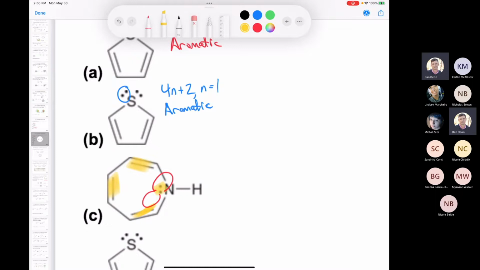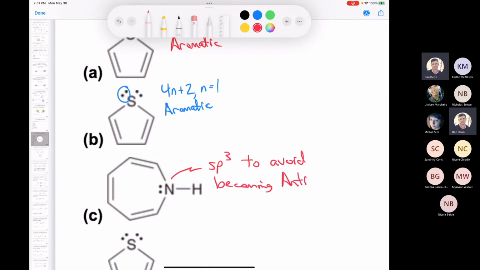That would make the compound anti-aromatic. And so in order for this compound to avoid becoming anti-aromatic, the nitrogen adopts an sp3 hybridization. So sp3, to avoid becoming anti-aromatic.